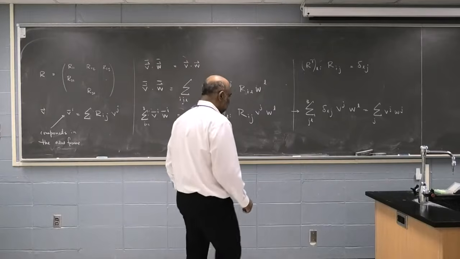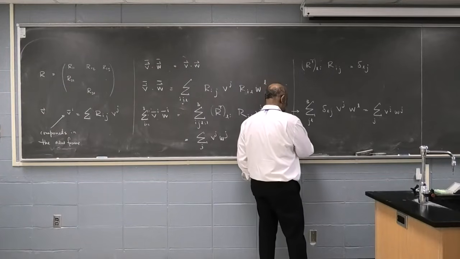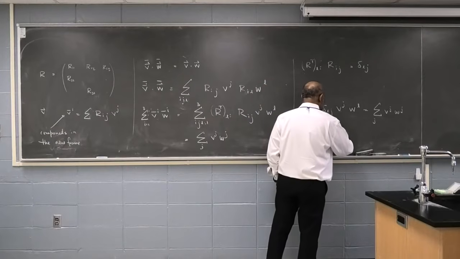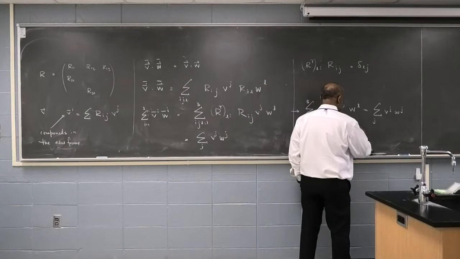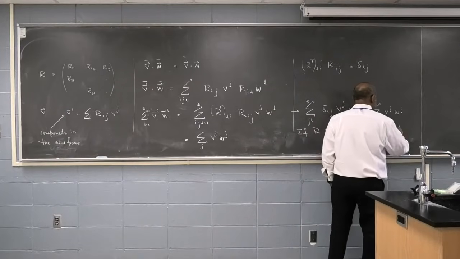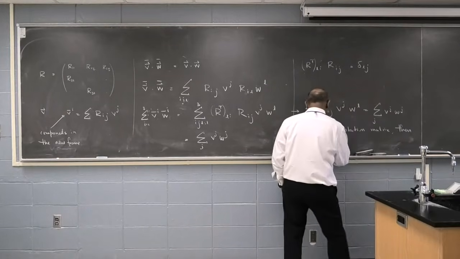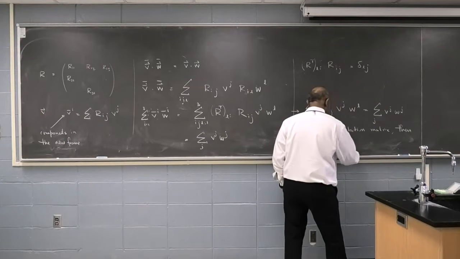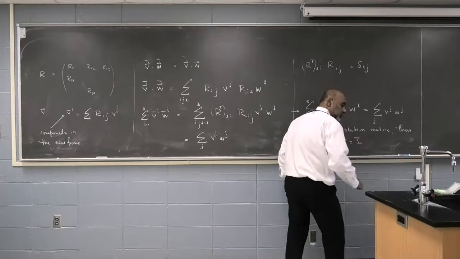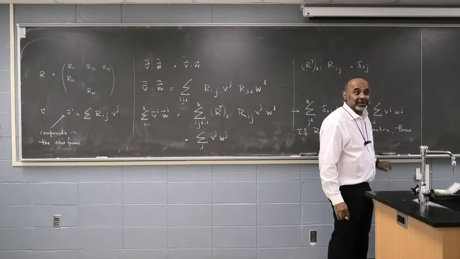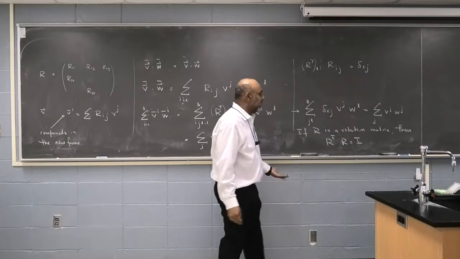I can then conclude that if R is a rotation matrix, then R transpose R should be what? We actually saw this in the earlier case. Should be the identity.